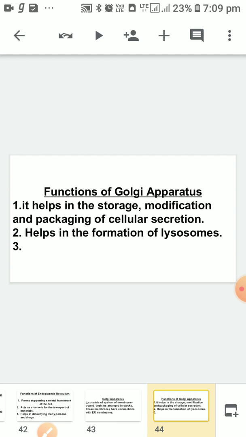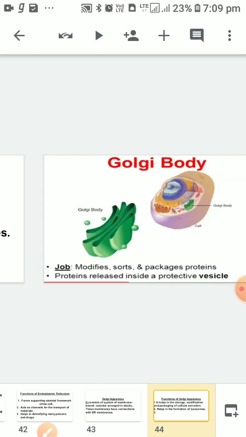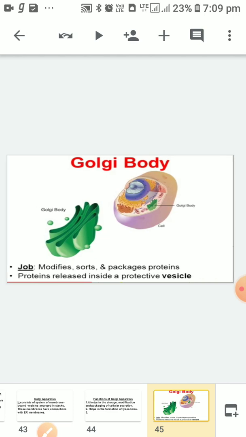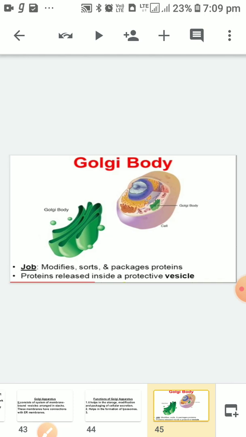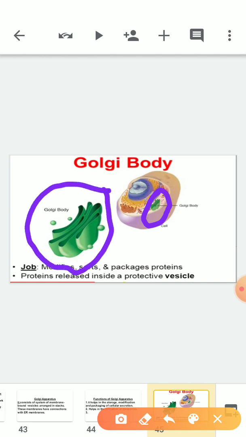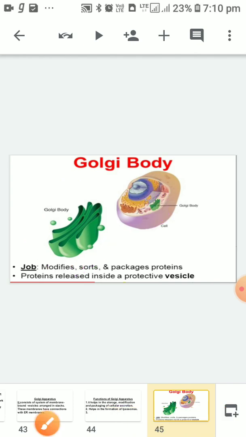It also helps in the formation of lysosomes. Here you can see the picture of Golgi body. In cell it is present here. It is present here, and if you are seeing the correct structure of this Golgi body, you can find it here. This is the structure of Golgi body.